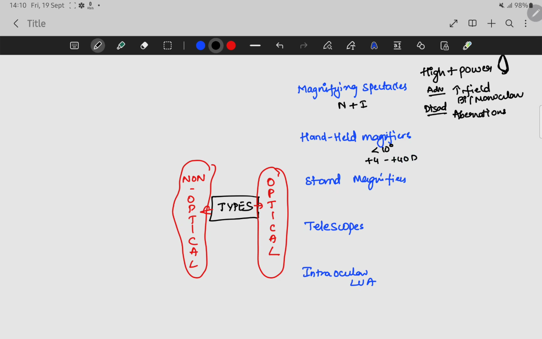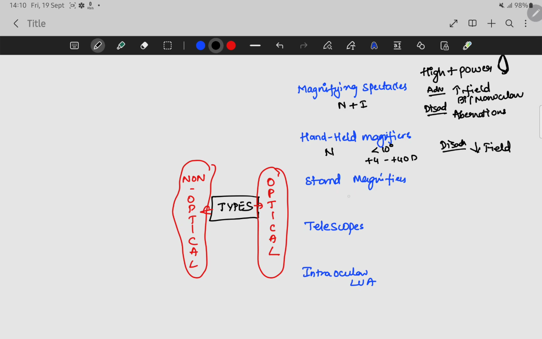We have aspheric or biaspheric or aplanatic lenses. This is only for near vision. The disadvantage is that there is less field of vision.